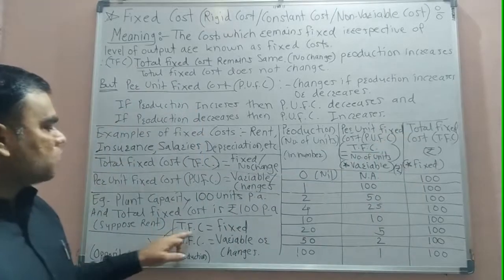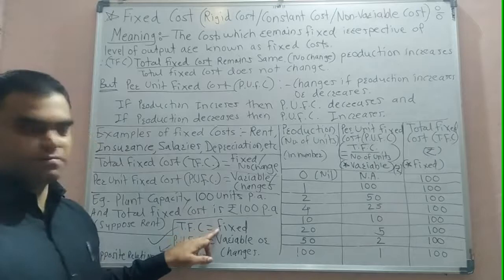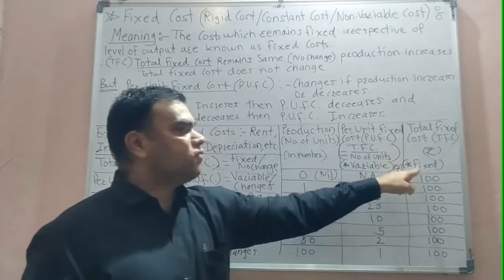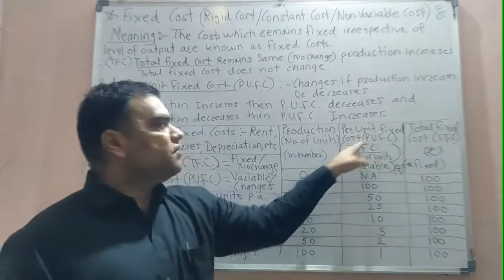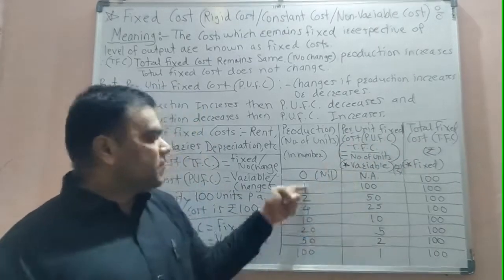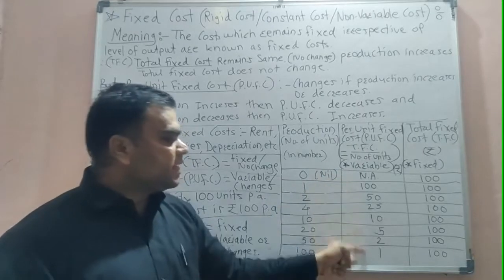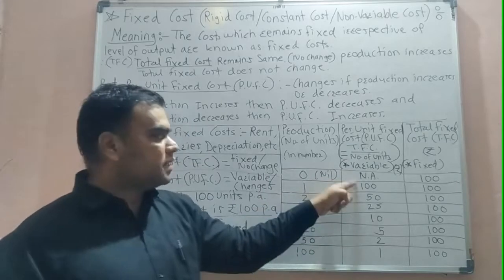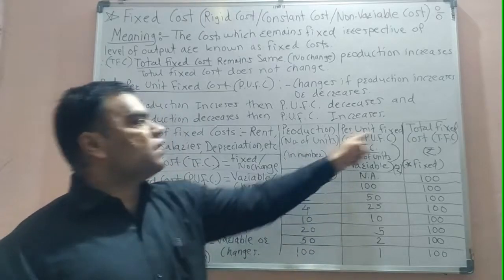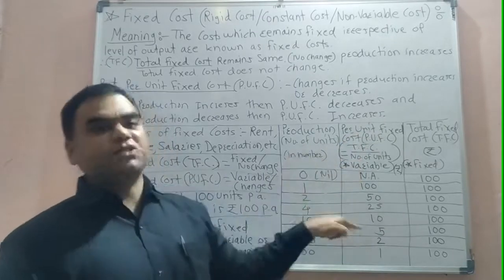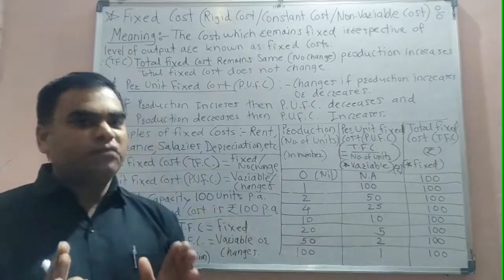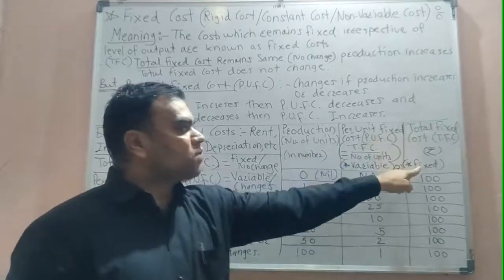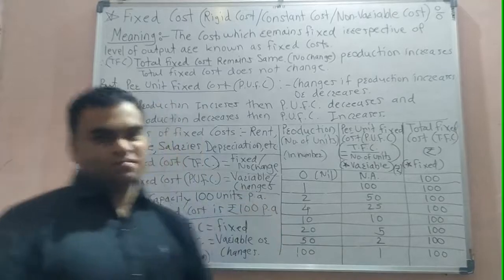That's why we say total fixed cost is fixed. Its nature of variability is fixed. And per unit fixed cost changes. If you increase the production, cost decreases. If you decrease the production, cost increases. That's why we can say per unit fixed cost is variable in nature, and total fixed cost is fixed in nature.